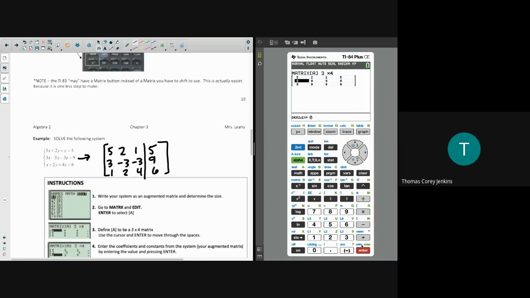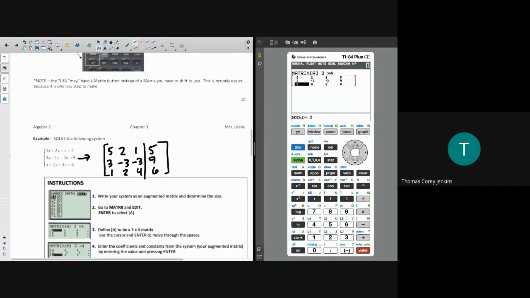So I'm just going to do the rest without talking through it. So just bear with me here. Obviously, you want to look up every so often and double check. It's definitely easy to miskey something.